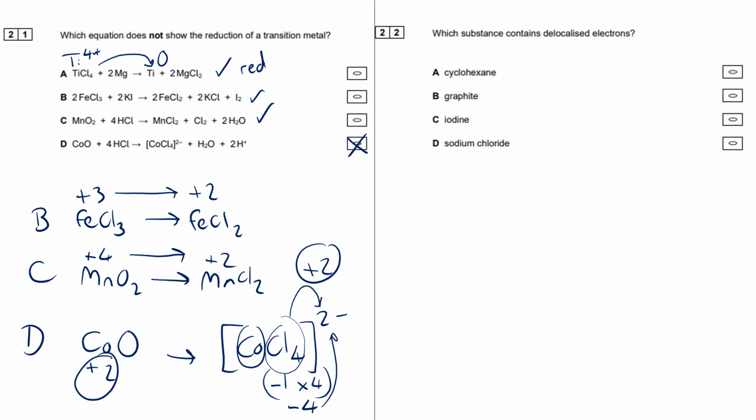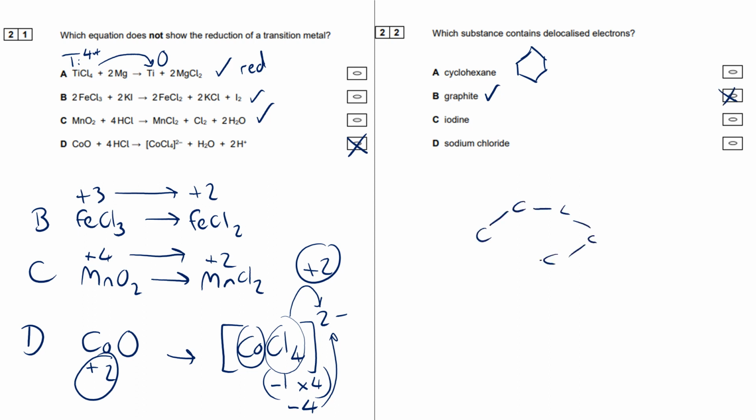Question 22. Which one contains delocalized electrons? Well, A is cyclohexane. No delocalized electrons there. It's just 6 carbons in a ring. Notice that's not benzene. Graphite. Graphite does contain delocalized electrons. Each carbon forms 3 bonds.